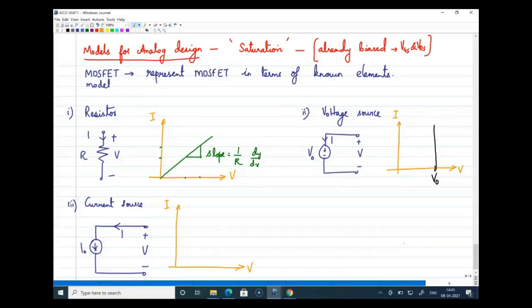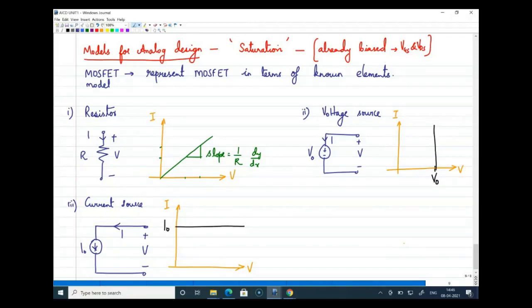Similar to a voltage source, the current through a current source will remain the same irrespective of the voltage. So here the current value is I naught, and this is the characteristic of a current source.